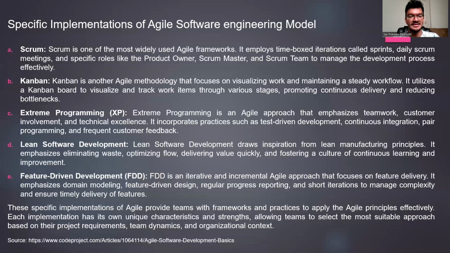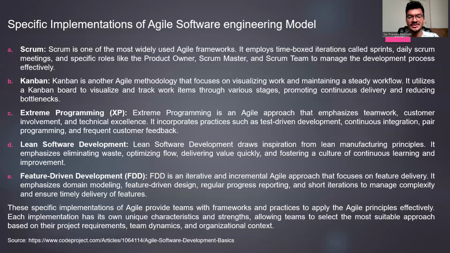Then lean software development. It is inspired by lean manufacturing principles. It focuses on reducing waste, optimizing the flow, delivering value quickly, and fostering a culture of continuous learning and improvement. Feature driven development. FDD, or feature driven development, is another agile approach that focuses on delivering specific features.